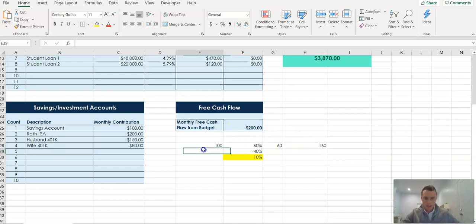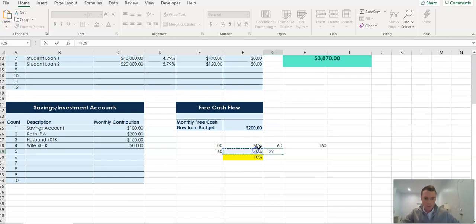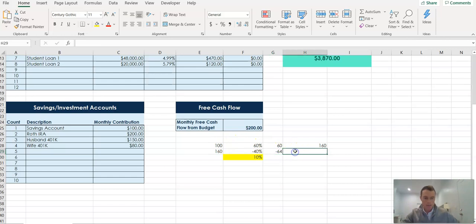Okay, well, that's the balance that you start year 2 with. Okay, year 2 you lost 40%, but you lost 40% of 160. Okay, let's see what that is. 40% of 160 is a $64 loss.